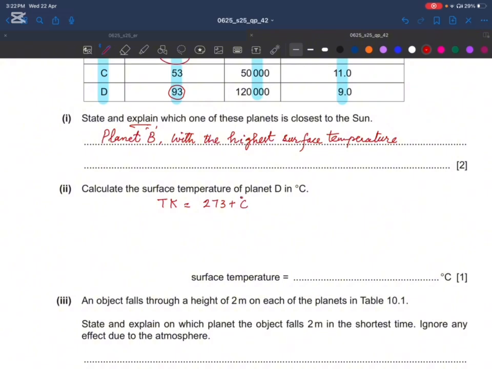The value they have given you is 93 Kelvin, so 93 equals 273 plus centigrade. So in centigrade, you will have minus 180. You have to write only the value, which is minus 180. That's it.